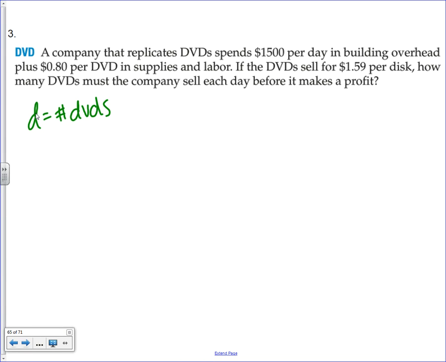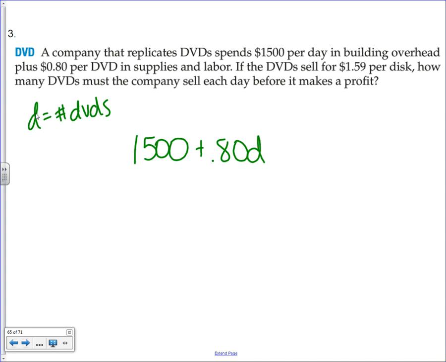How much money do these people spend to make their DVDs? $1,500. Is that dependent on the number of DVDs that they make? No, it's just a flat $1,500. What else do they spend to make these DVDs? 80 cents per DVD. So every D costs them 80 cents to make.